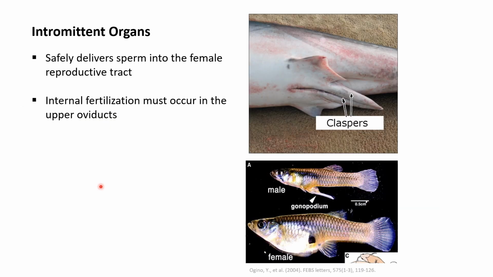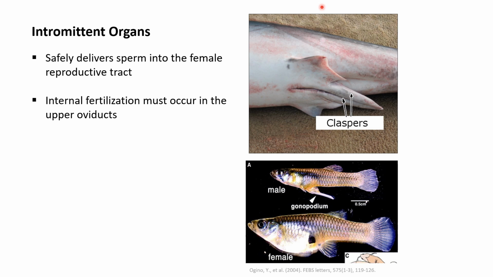Vertebrates that exhibit internal fertilization often have an intromittent organ to safely deposit the sperm into the female reproductive tract. Coitus, or intercourse, is timed during a reproductive season or a fertility window when the egg is still in the upper regions of the oviduct and either hasn't reached the uterus or has not been coated yet with shell.